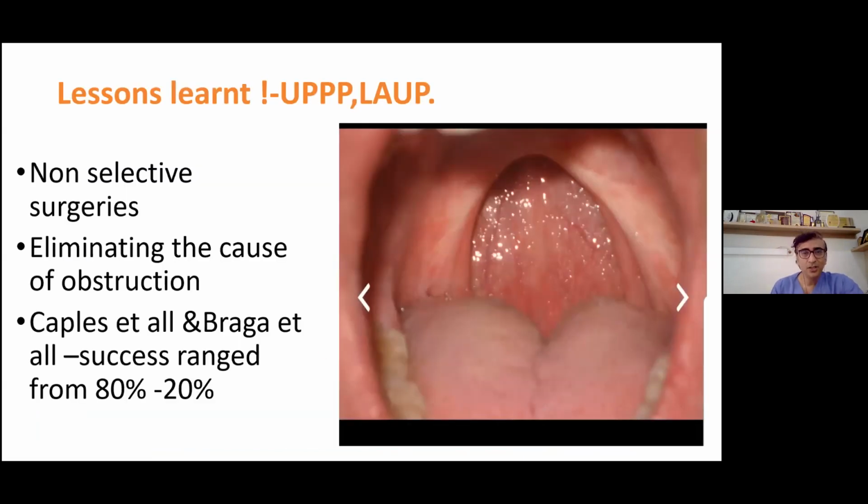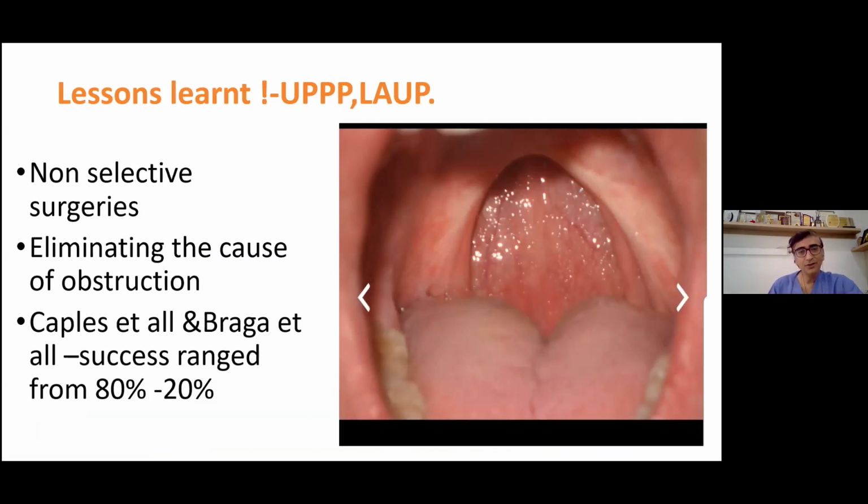So UPPP and LAUP were non-selective surgeries because we were not selecting our cases. We thought we were eliminating the cause of obstruction, but we were not.